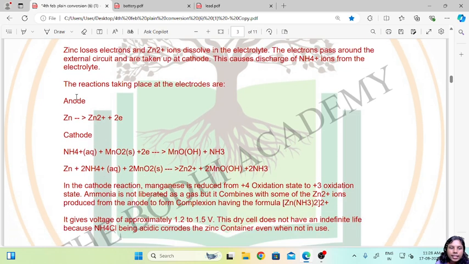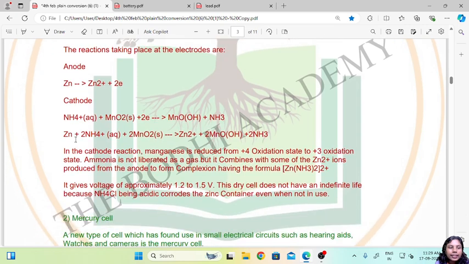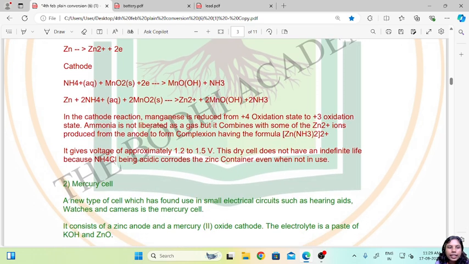The reactions that take place at the electrodes are, at the anode, zinc giving away its electrons and going as an ion of Zn2+. Then at the cathode, NH4+ and manganese dioxide plus 2 electrons start forming manganese hydroxide, and NH3 is formed.